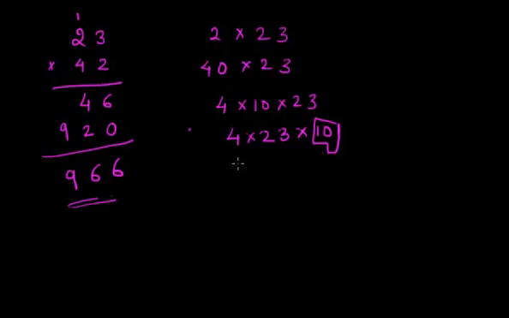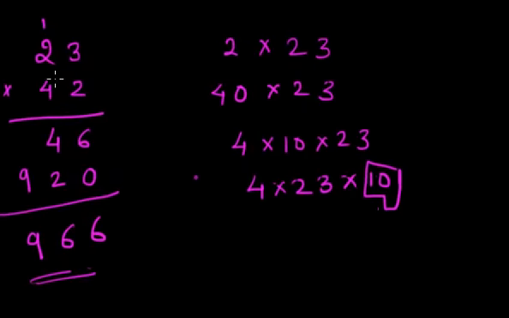So the concept is that whenever you are multiplying a two-digit number, this is a units place. You are just multiplying 2 and 23, but instead of 4, that is not 4, that is 40. And 4 times 10, and any number multiplied by 10, you just add 0 at the end of that number. That is the reason we are assuming this value as 0.